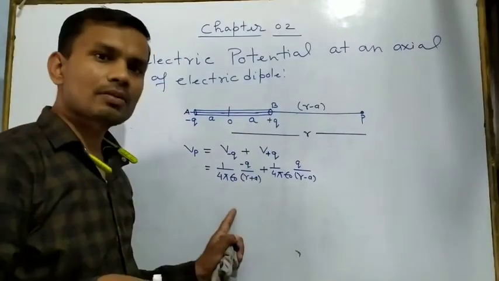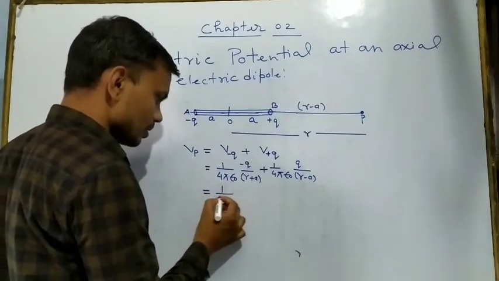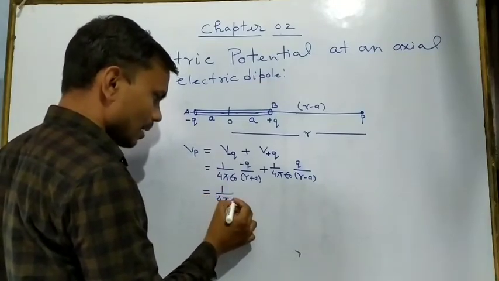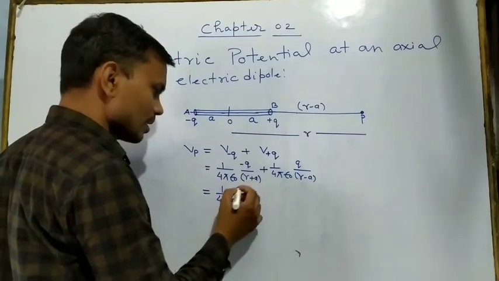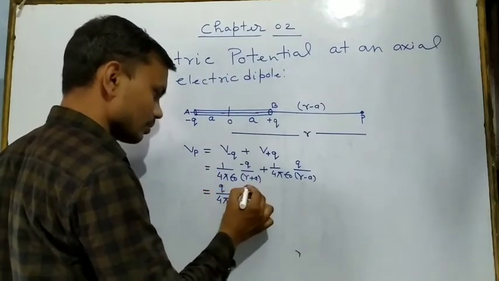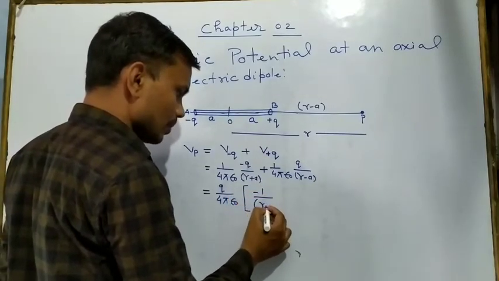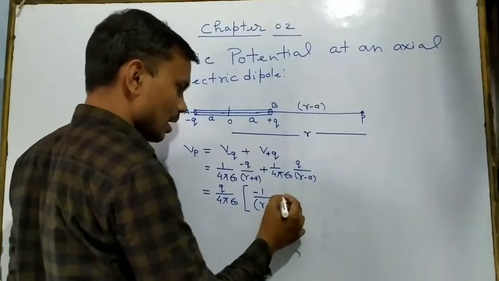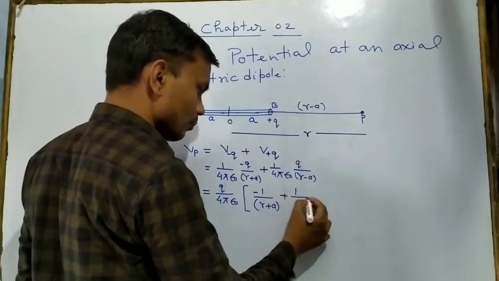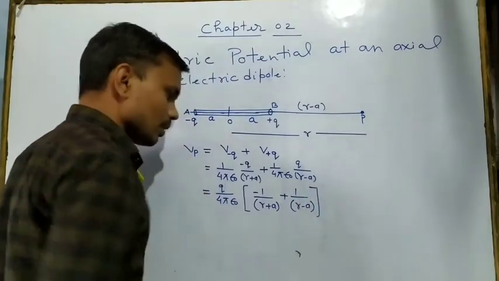Now here you have to take the common factor. When you take out the common factor, suppose we take out 1 upon 4 pi epsilon naught, and the charge q also you have to take out. Here we write plus q taken out. Then this is minus 1 upon R plus A, and then plus 1 upon R minus A, right?